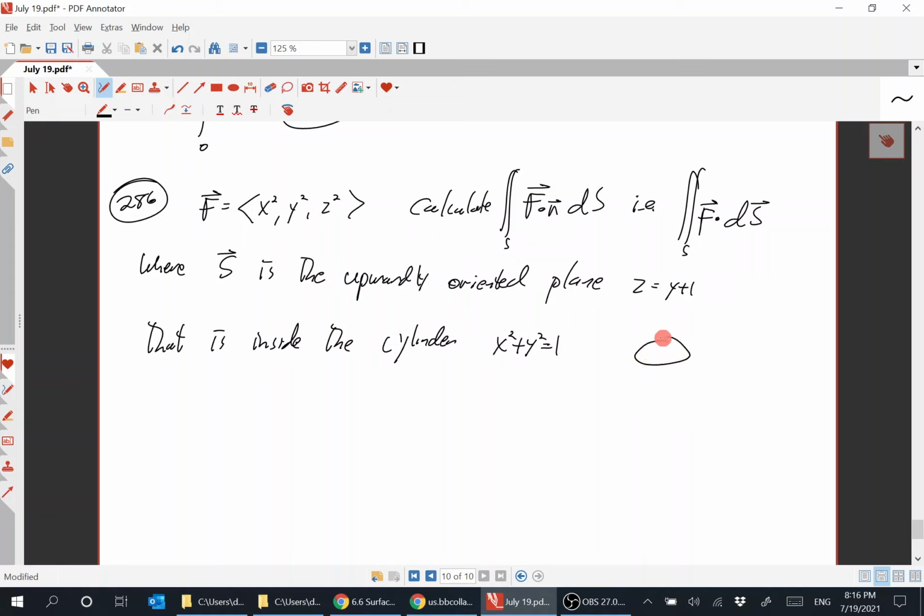So you've got that cylinder. That's not the surface, though. The surface is the plane, the plane that's inside the cylinder. So this is S oriented upward.